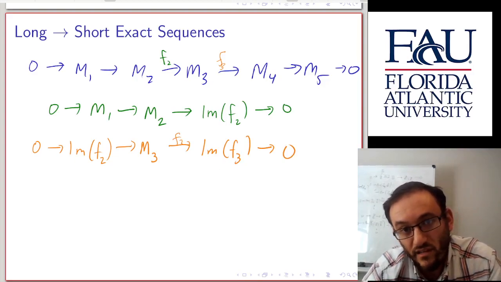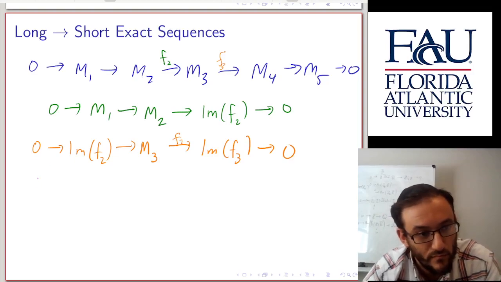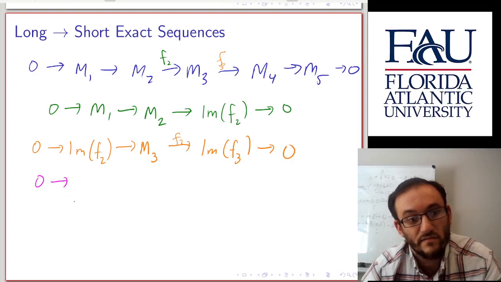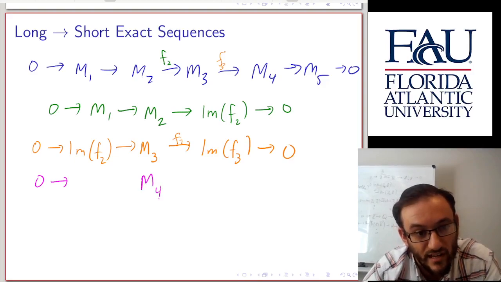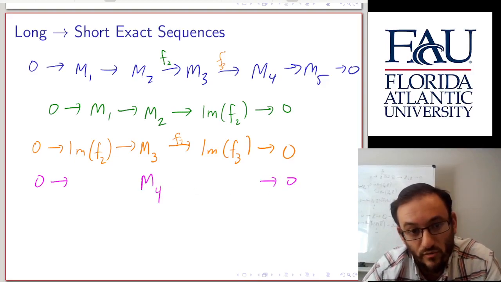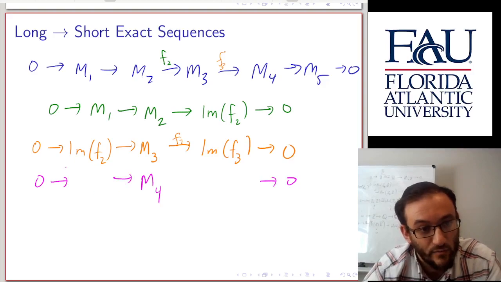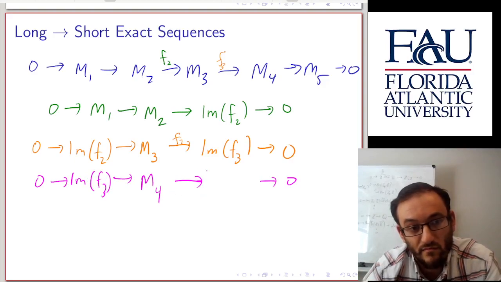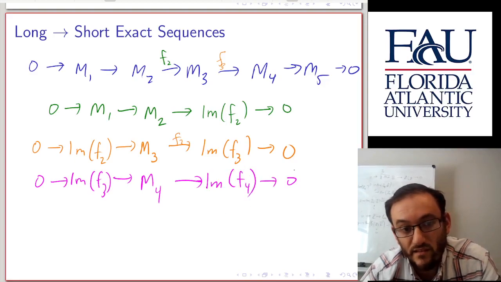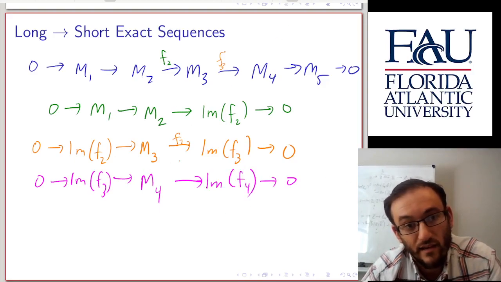And by the same token, each of these segments of the exact sequence can be extracted. So we choose which module we want to be focusing on, and then we take the submodule corresponding to the image of the previous map and map onto the image of the homomorphism in the subsequent map.